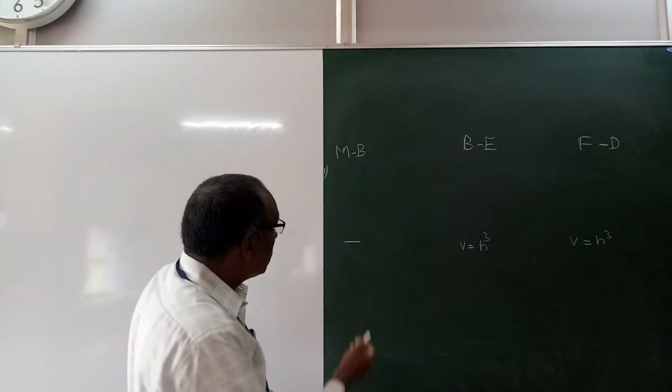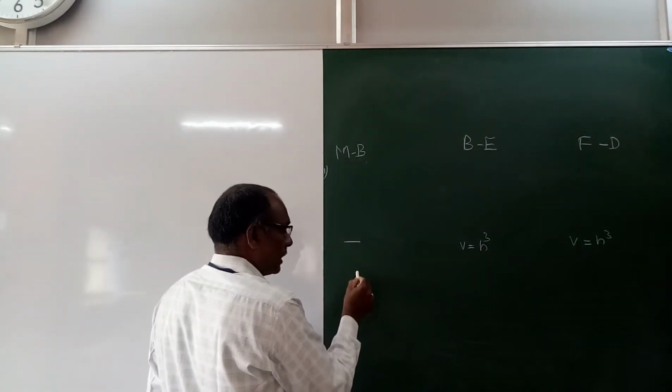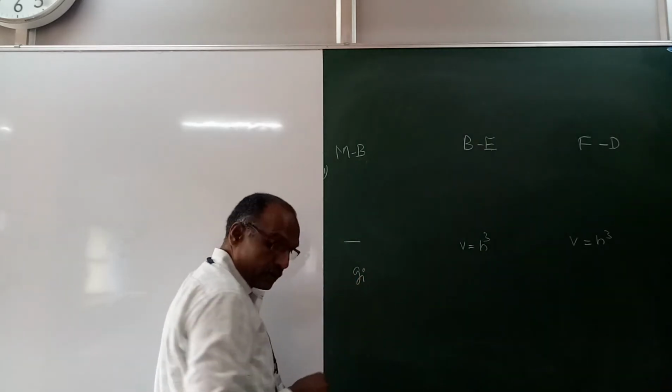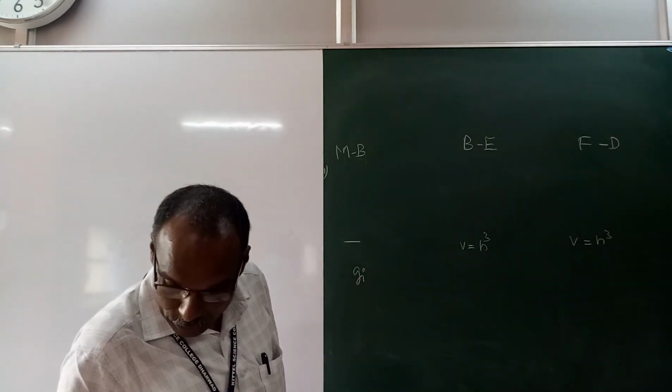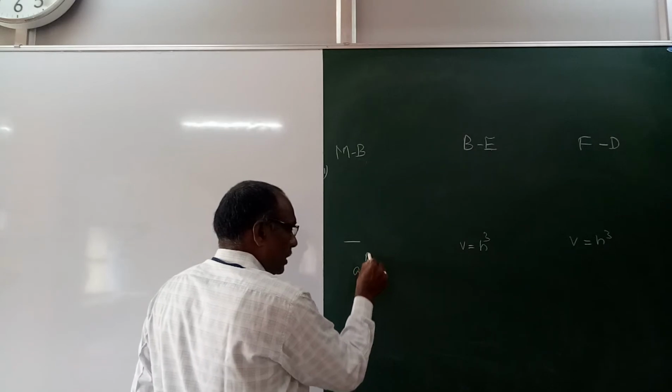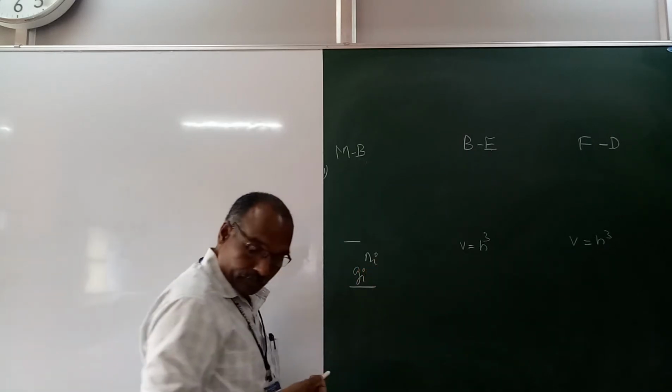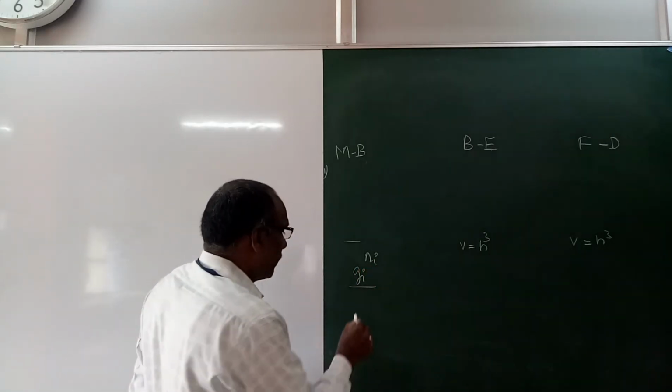If you write the distribution function, for classical statistics it is Gi raised to Ni upon Ni factorial.